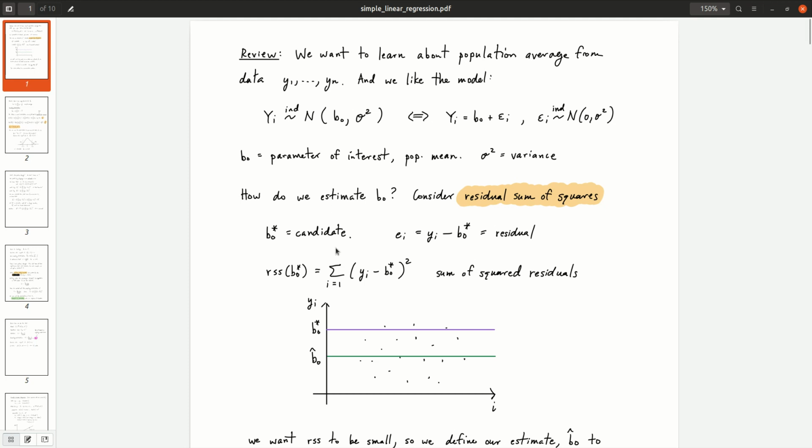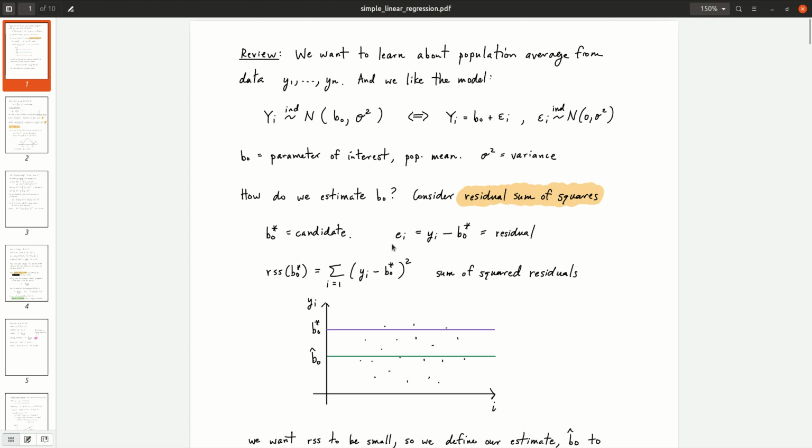The way this works is we specify a candidate for b0. I'm calling that b0 star. So when you see this, just think of this as something that you specify. I'm going to say b0 star equals 8, something you pull out of thin air. Then for that candidate, you can define what's called a residual, which is just the observation yi minus that candidate.